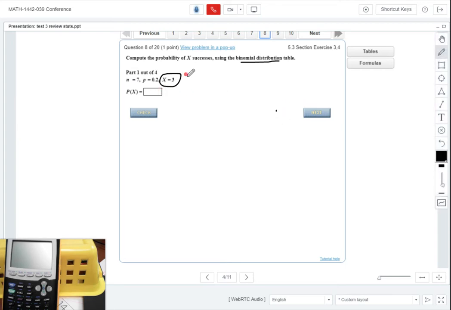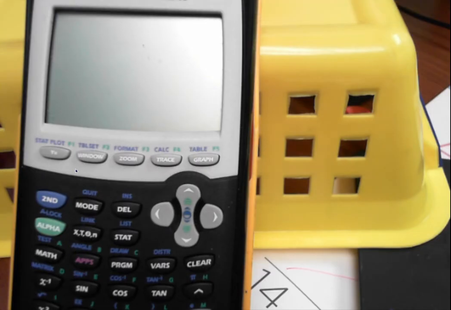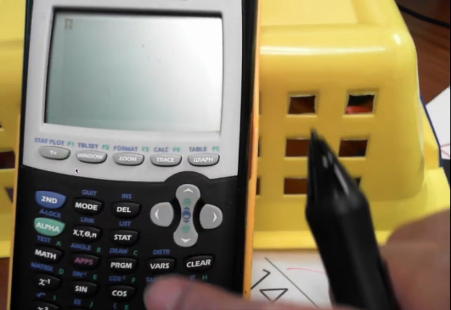X equals 3. So let me bring this up. And well, let me show you. On our calculator, for binomial distribution, we hit second vars. Let's turn it on and hit second vars.